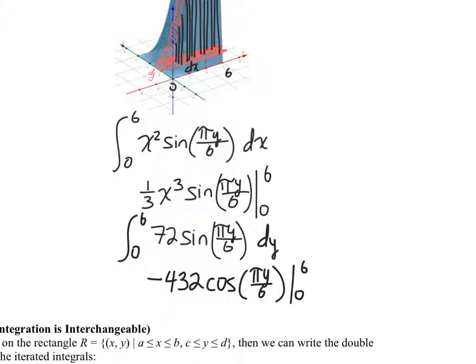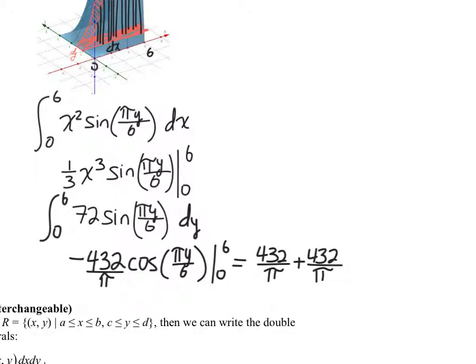All right, well, the cosine of pi is -1, so it's 432. Oh, we're missing a pi. Over pi, right? Yeah. Crikey. So 432 over pi. And then if I plug in a 0, I'm going to get, well, another 432 over pi. So 864 over pi.